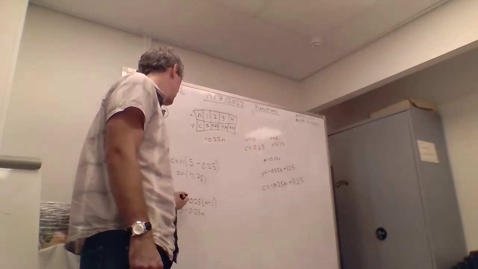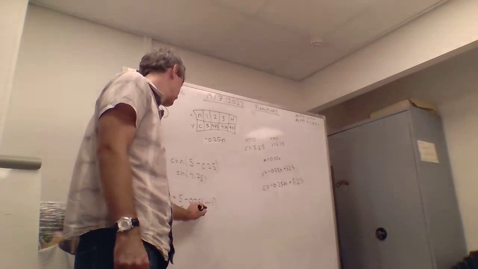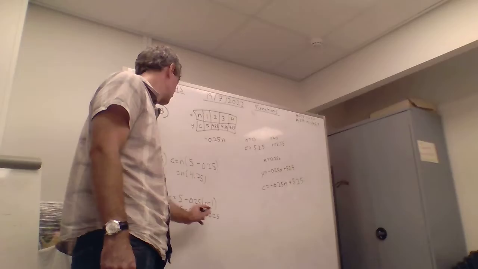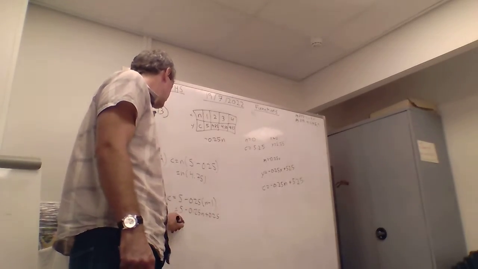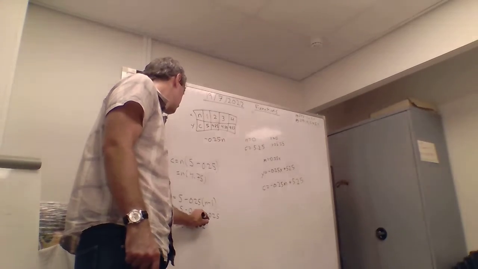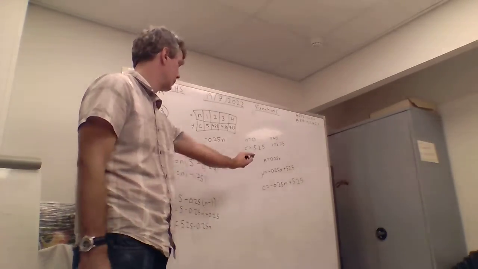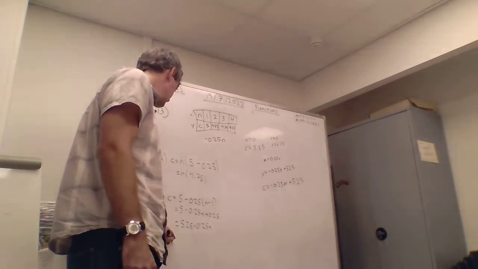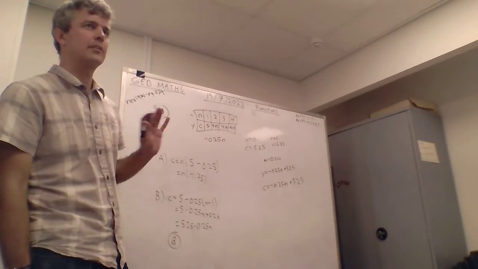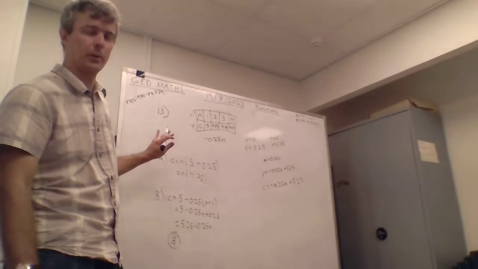Minus and minus, plus 0.25. Okay, so 5 plus 0.25. That's the same. So it's B. Okay? This is one way to do it, looking at the equations.